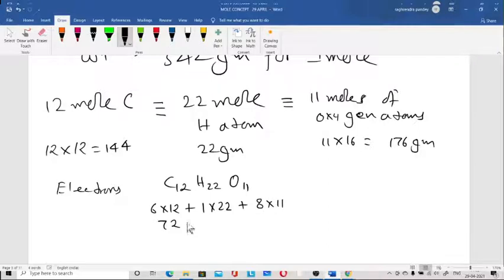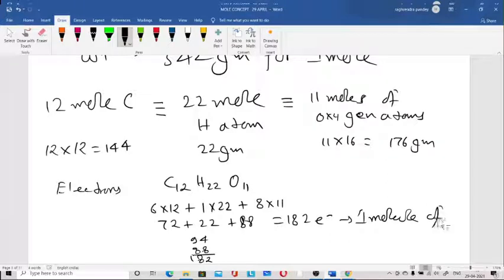So it's 72 plus 22 plus 88. So how much is it? 94 plus 88, so 182 electrons. So the total is 182 electrons in one molecule of sugar.